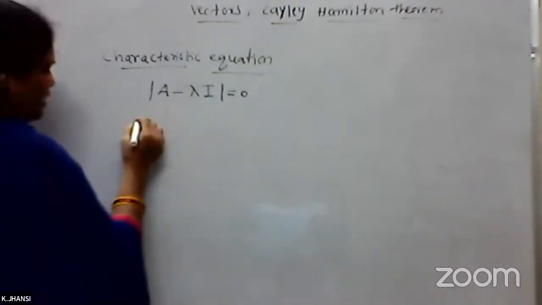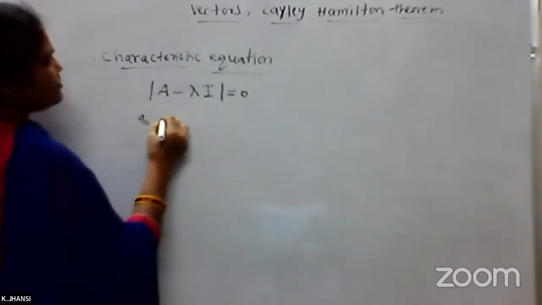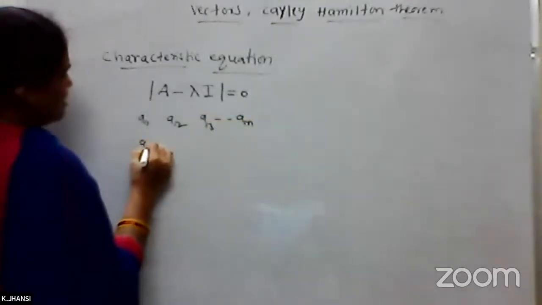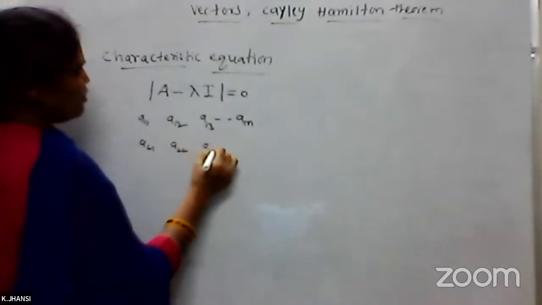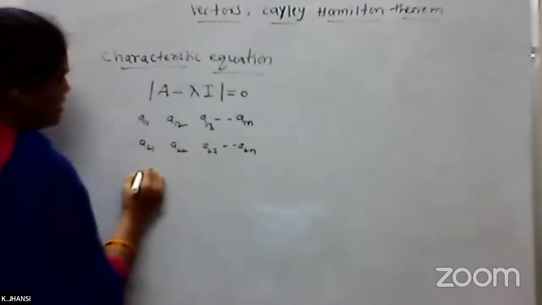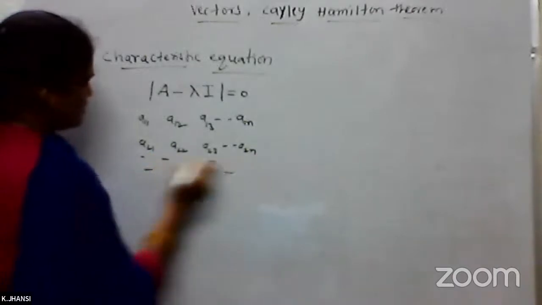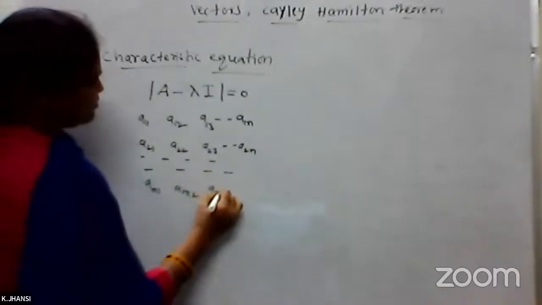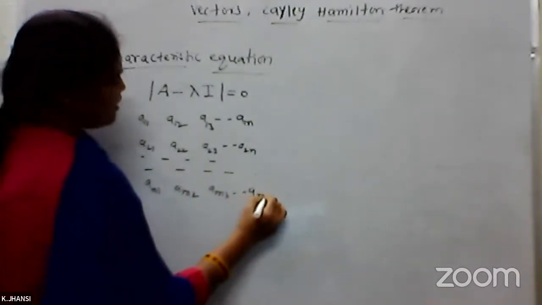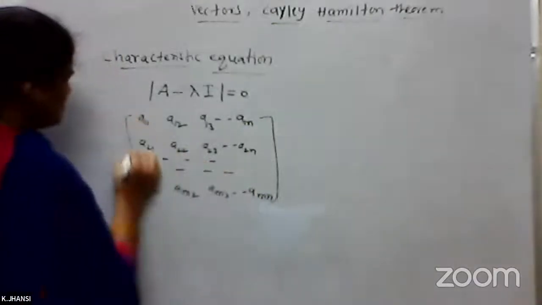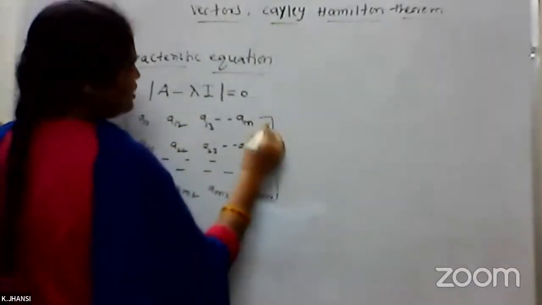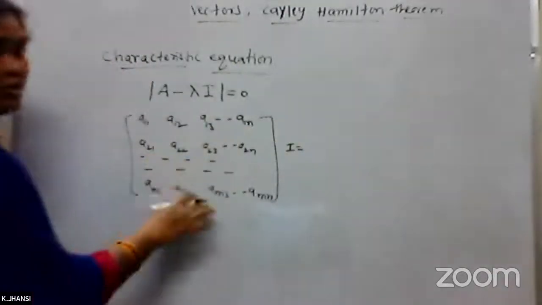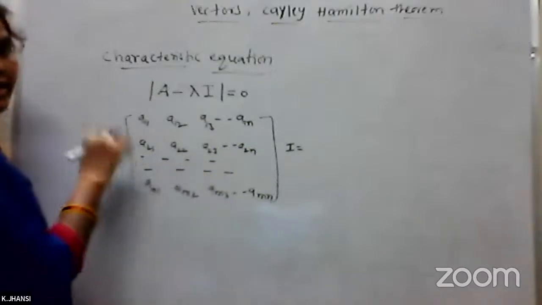So if you take any matrix A as A11, A12, A13 up till A1n, next A21, A22, A23 up till A2n, and so on like this. It depends on whatever the quotient matrix is given.